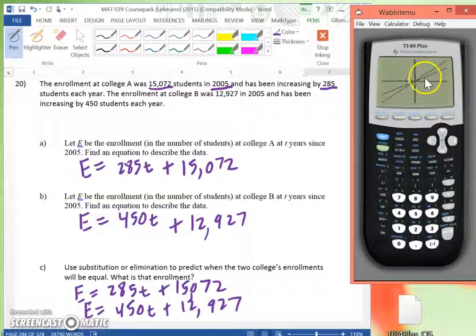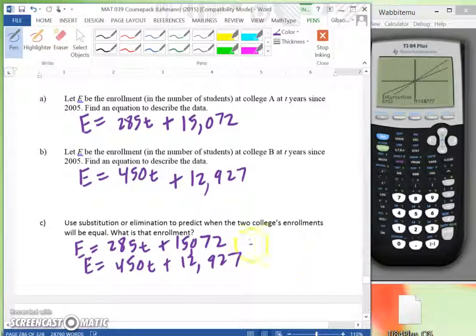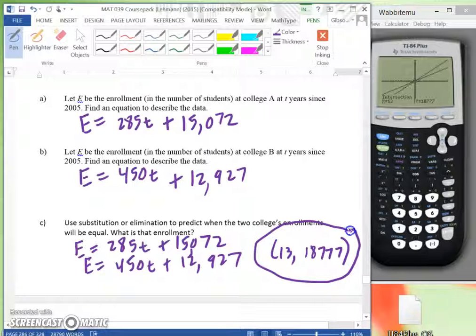So you will have to change your window, then it would do the zoom fit. So now we will press second, trace, the number 5, and enter 3 times. And it will give us X is 13 and Y is 18,777. And that is the final answer.